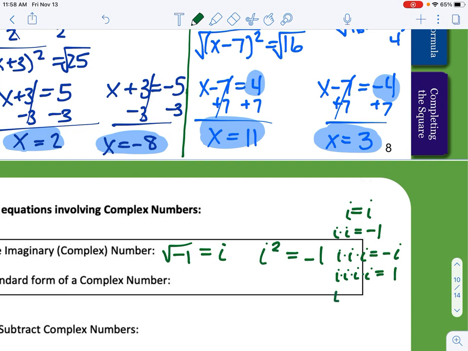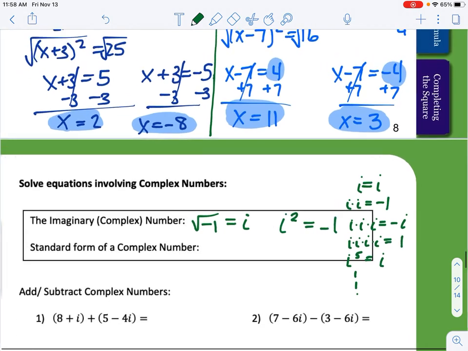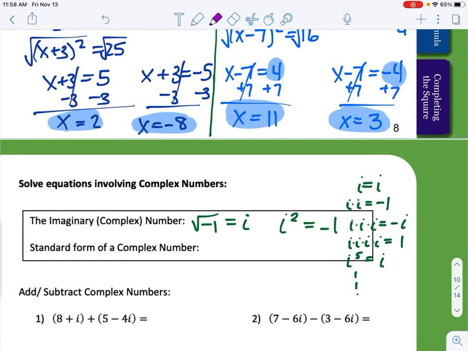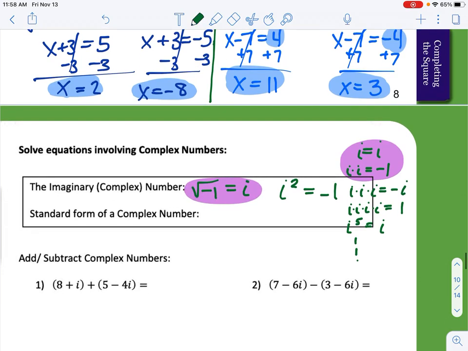And then you repeat. i to the 5th would be just i. So it's a repeating pattern there. We will mostly just use these first few plus this idea, but it's good to know everything.